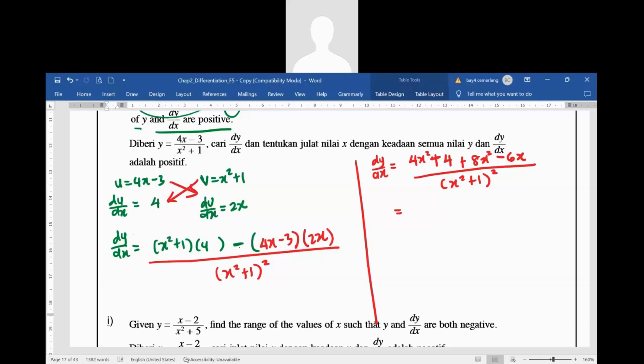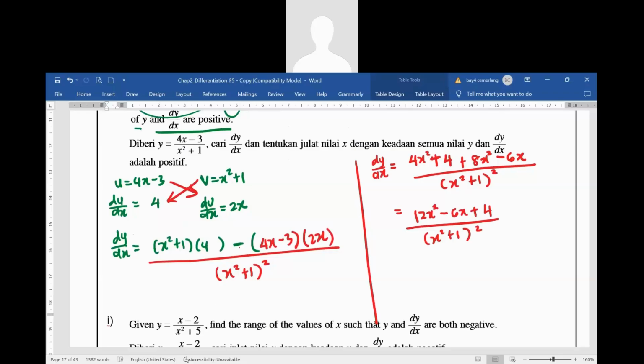Try to solve the top part. What you get here is 12x squared minus 6x plus 4 over (x squared plus 1) squared.